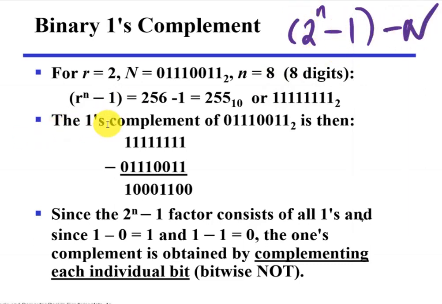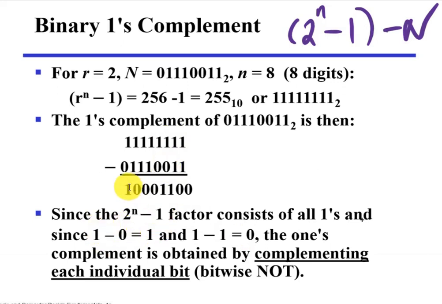The next step is to obtain the 1's complement of the binary number. What we do is subtract it from 2 to the n minus 1, and we obtain the 1's complement in this way. We can also observe that this factor, 2 to the n minus 1, consists of all 1's. Then 1 minus 1 is 0, and 1 minus 0 is 1.